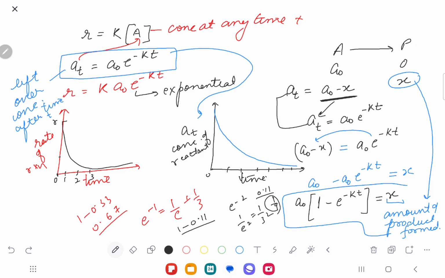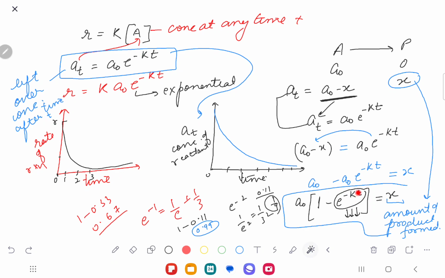What am I trying to explain to you? That with time, e raised to power minus kt is going to decrease, isn't it? So if you subtract 1 minus 0.33, you get 0.67. When you subtract 1 minus 0.11, what do you get? You get 0.99, isn't it? What am I trying to tell you?